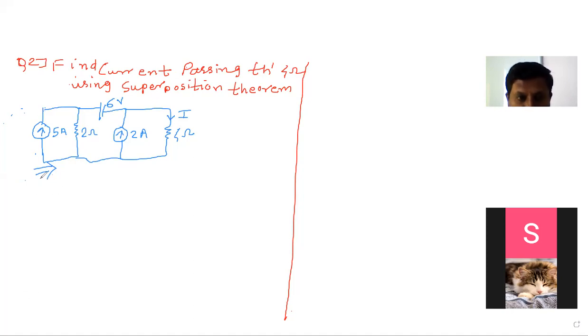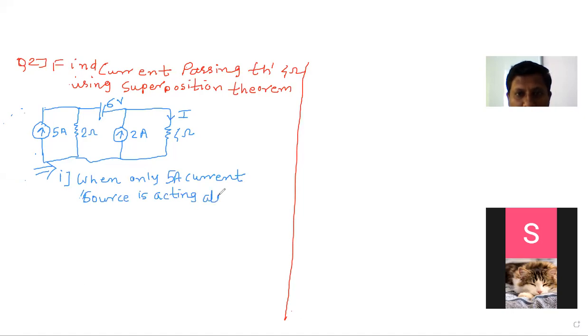So we can quickly start. First I will give the first step: when only the 5 ampere current source is acting alone.